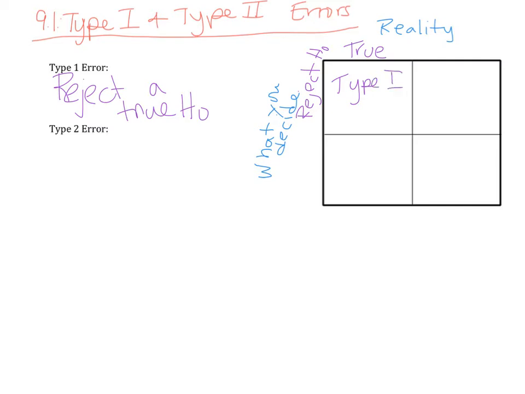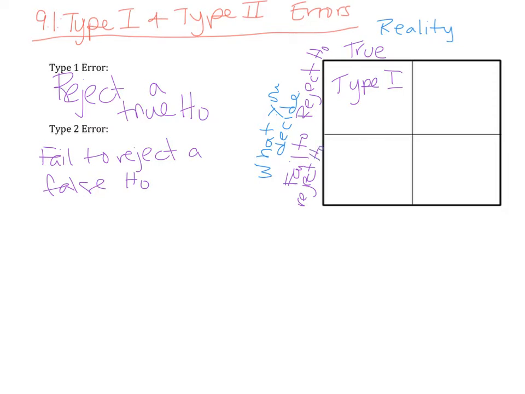The type 2 error is when you fail to reject a false null hypothesis. And this one can also be bad. So in reality, you thought that H0 could be true, or you thought that the HA, the alternative, was not true.